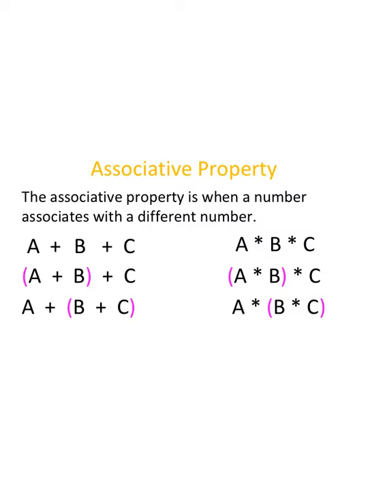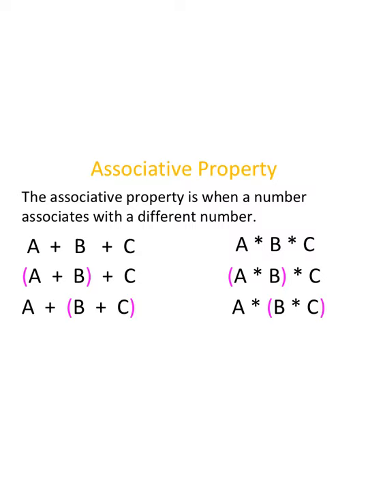So in both scenarios, we're either adding a, b, and c, or we are multiplying a, b, and c, all representative of numbers. In the adding example, first we have a plus b that are associating together inside of parentheses, and then we're adding c outside of the parentheses.